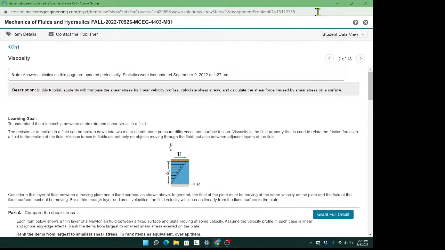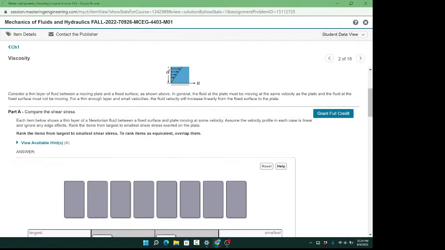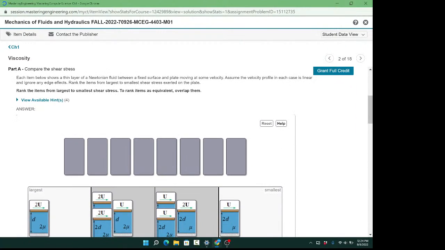So, to understand the relationship between stress and strain in a fluid, the resistance, movement, breakdown of two major pressure difference and surface forces. Viscosity is a fluid property that is used to relate friction forces to the motion of the fluid. Viscous forces are not only objective, but also between adjacent layers. And then it says part A. Oh, this is kind of a matching deal.